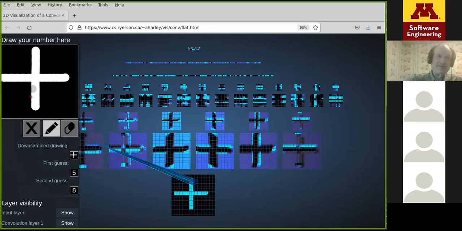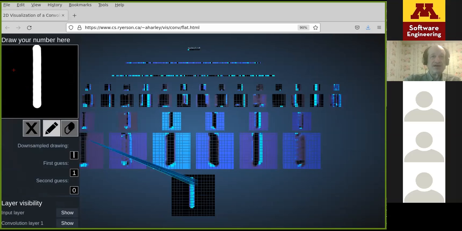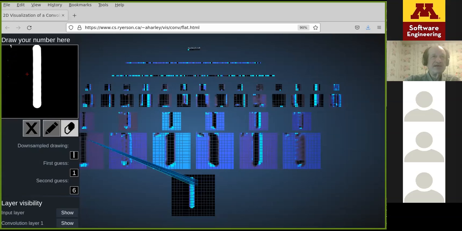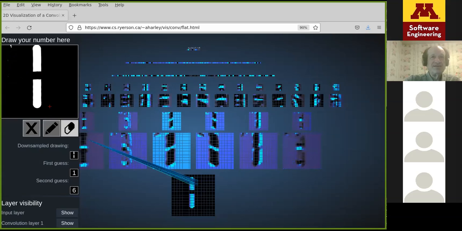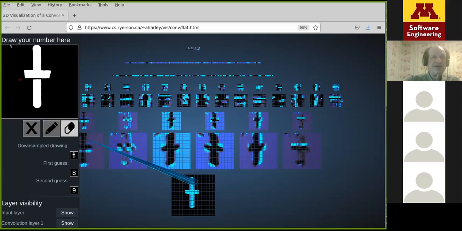But that's not the real problem. The real problem is that if I draw something as I had at the beginning and make a small change to this input, it can make a big change in the output.